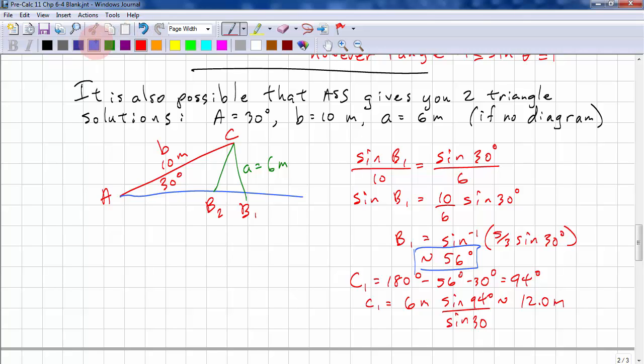Okay, let's look at B2. We know that sine is positive in the second quadrant. So we use our second quadrant formula, 180 minus 56 degrees. That's 124 degrees. So C2 equals 180 degrees minus 124 degrees minus 30 degrees. And that gives us 26 degrees. So we have another number.